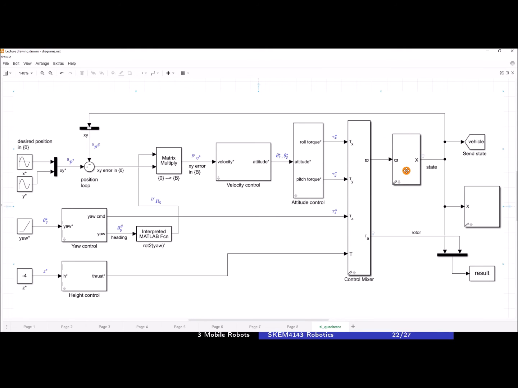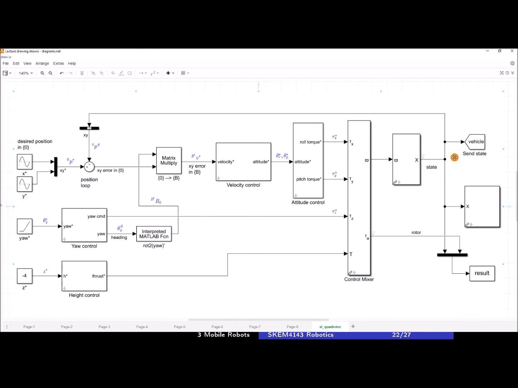In this block, there are mainly two equations, equation 2, which is the translational dynamics, and equation 6, which is the rotational dynamics. The output of this block, which is your quadrotor, is roll angle, pitch angle, yaw angle. Let me repeat.